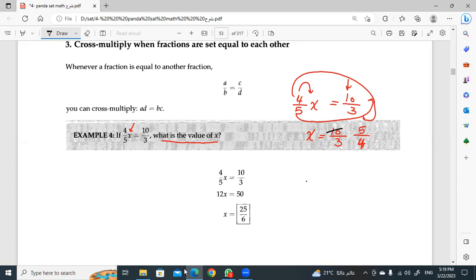Exactly. 10 divided by 2 equals 5. And 4 divided by 2 equals 2. Perfect. Now multiplying 5 by 5 gives 25, and 25 over 3 multiplying by 2, which is 6. Clear?